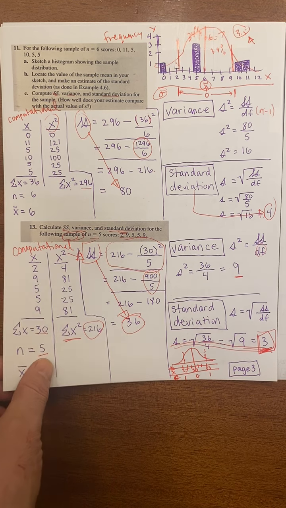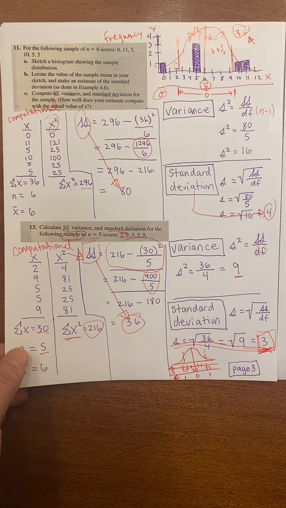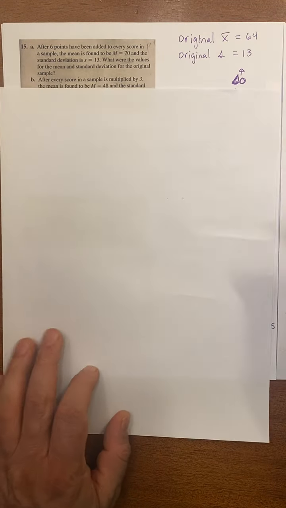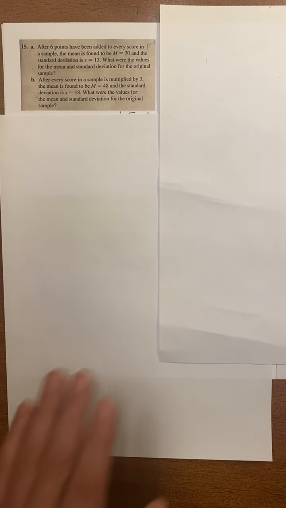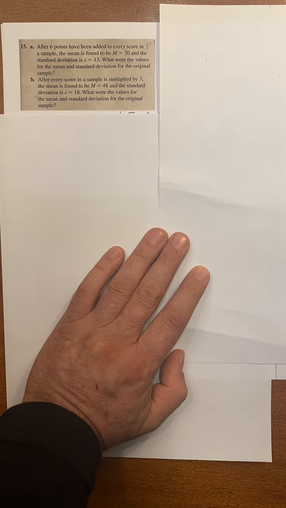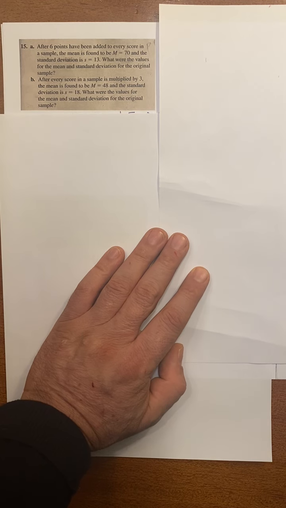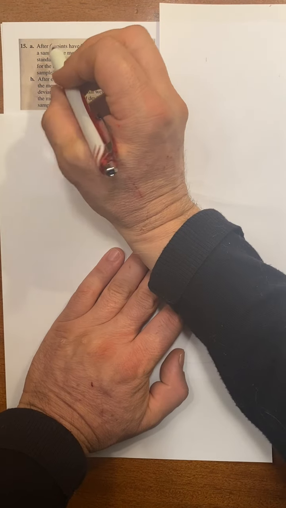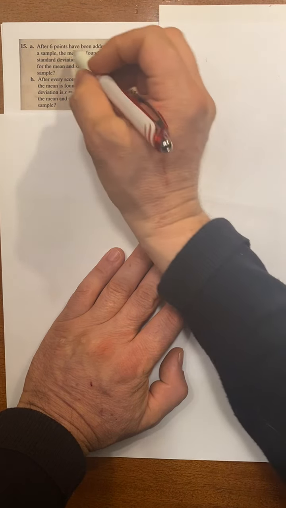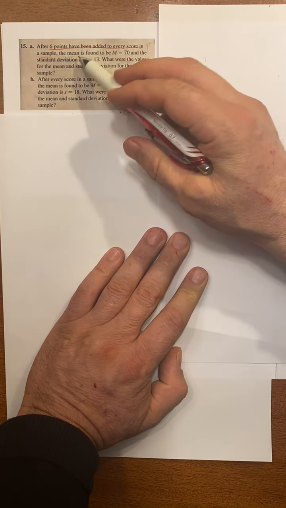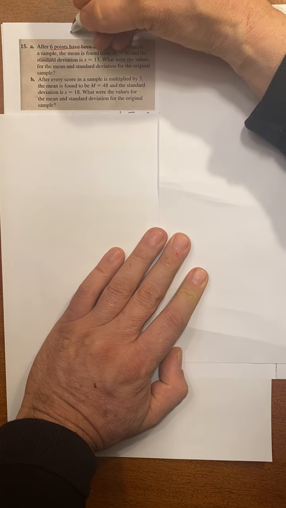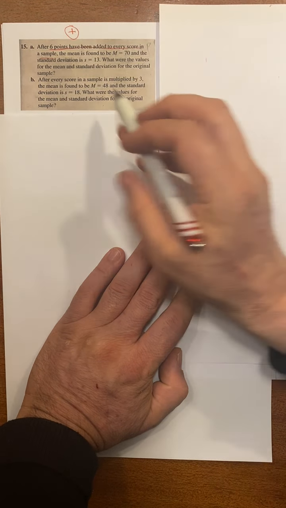Okay, let's go ahead and go on to our number 15. And here, what we have to account for is when changes have been made to the data again, right? So the question is reading, after 6 points have been added to every score in a sample, the mean, so let's just note that the operation that we're talking about here is addition, right?